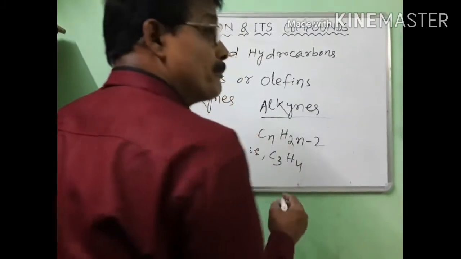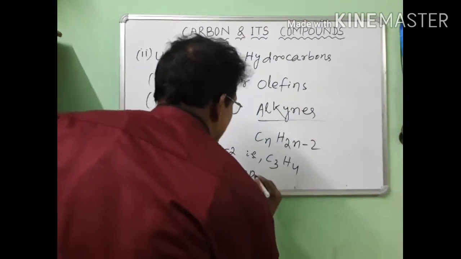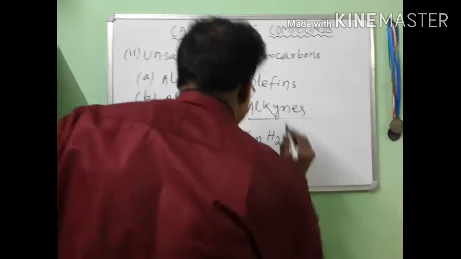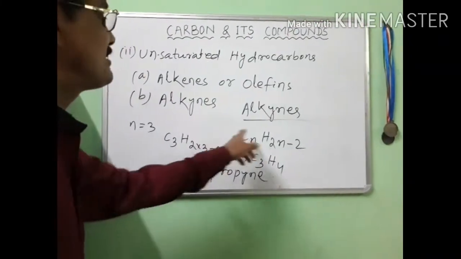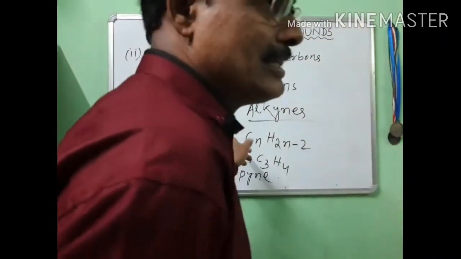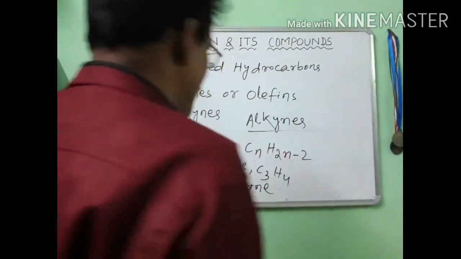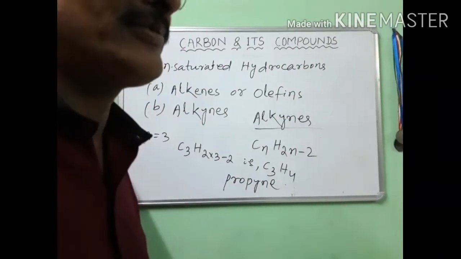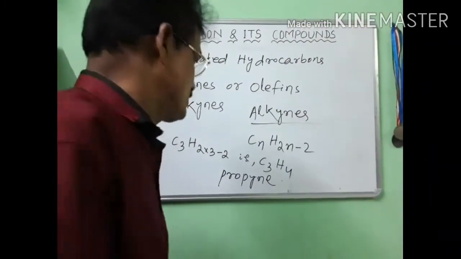That is called propyne. Clear? So these are the general formulas for unsaturated hydrocarbons. Now we will discuss the structure of saturated hydrocarbons and the structure of unsaturated hydrocarbons.